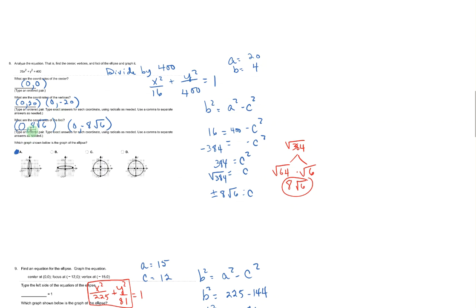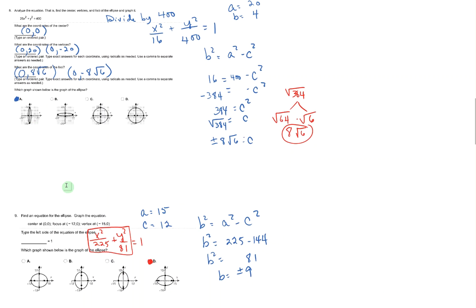Coordinates of the foci, 0, and then plus or minus 8 square roots of 6. So that's where we got that. And that's going to be along the y-axis, because remember, here's the bigger number. So it's going to look like this, and that shows up there at 20 and negative 20.